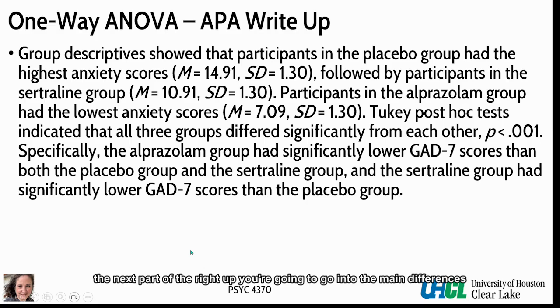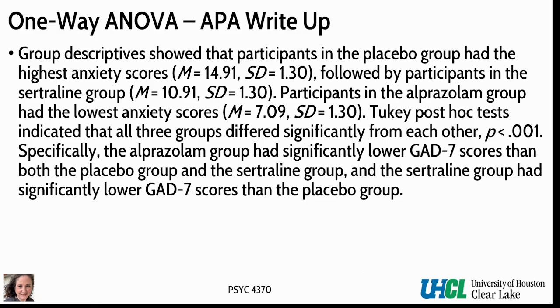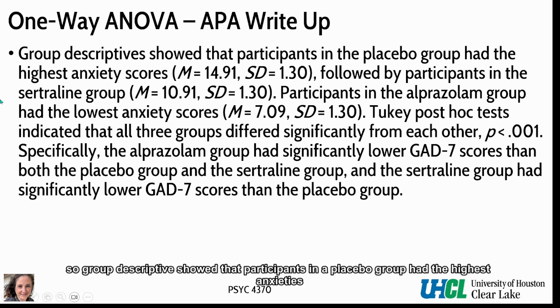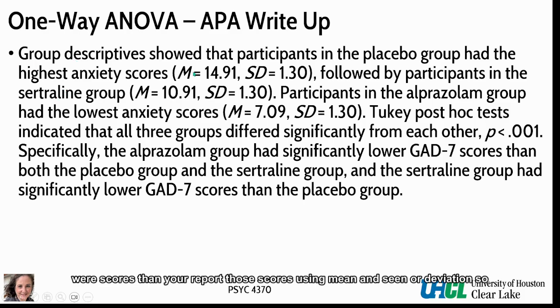The next part of the write-up, you're going to go into the mean differences, and you're going to report your post hoc, the Tukey's, to show where those differences occurred. So group descriptives showed that participants in the placebo group had the highest anxiety scores. Then you report those scores using mean and standard deviation.